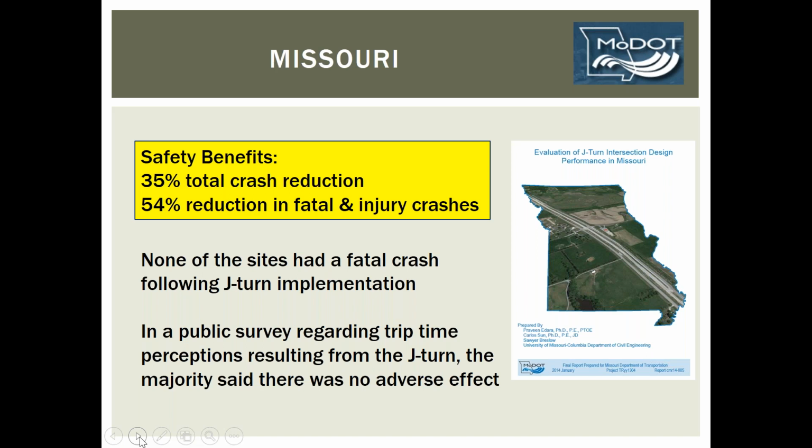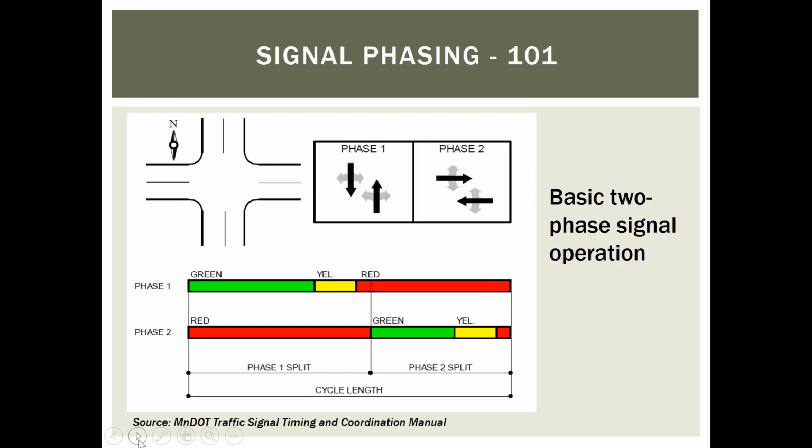And a lot of us make these J-turn type of movements informally when we don't have gaps. And so the R-CUT is really just a formal way of sometimes doing an informal maneuver that many of us make. So let's talk about the signalization of an R-CUT.